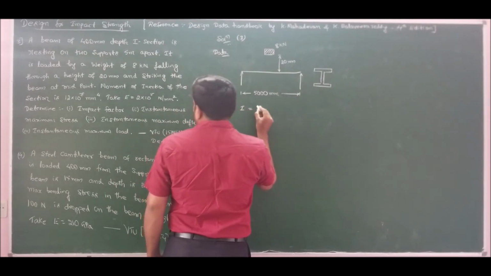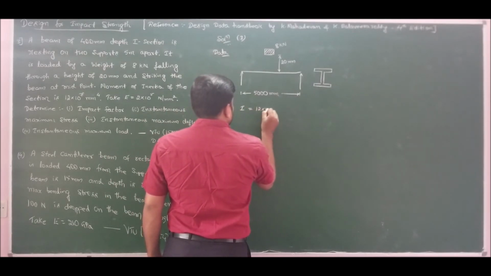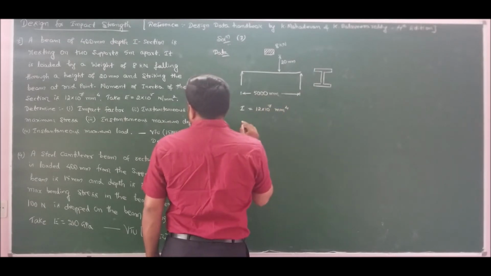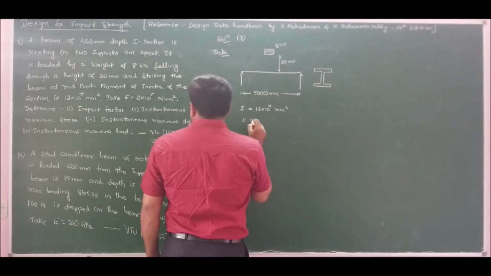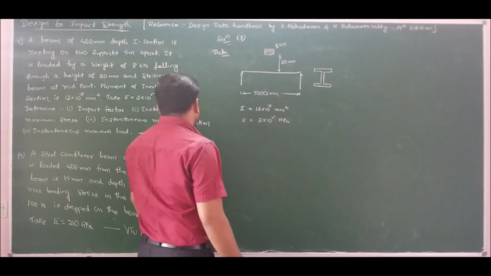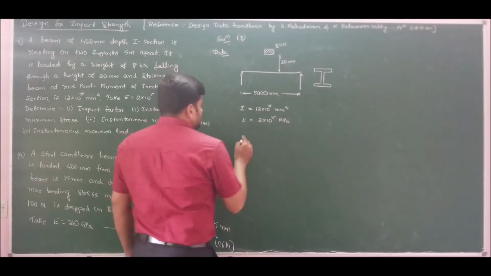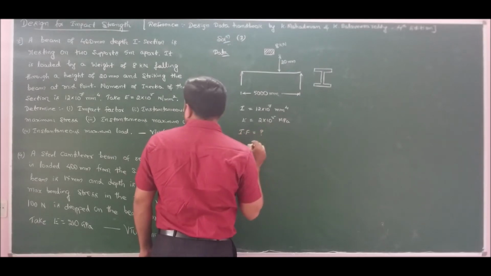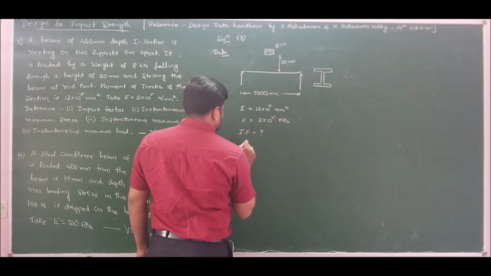Area moment of inertia is 12 into 10 to the power of 7 millimeter to the power of 4. Take Young's modulus as 2 into 10 to the power of 5 megapascals. So no conversion is required. He is asking us to calculate impact factor, instantaneous maximum stress.